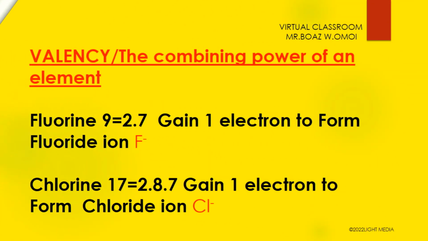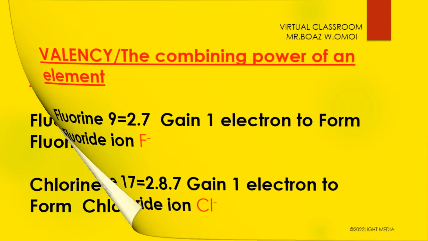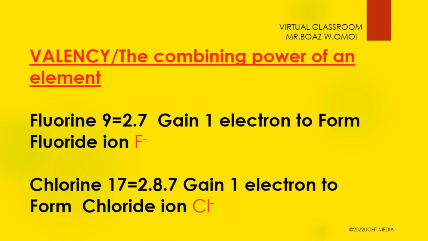Now, if you look at group 7 elements like fluorine and chlorine, they have 7 electrons in the outermost energy level. Therefore, it means that for fluorine to be stable, it needs to gain an electron, not to lose, but to gain 1 electron.